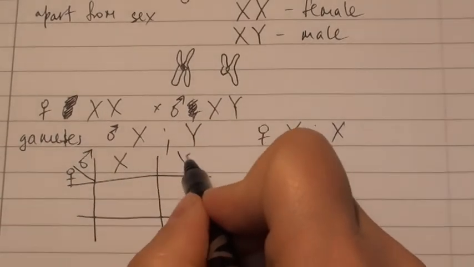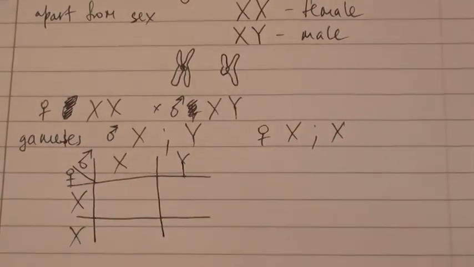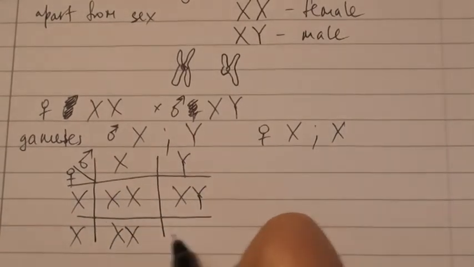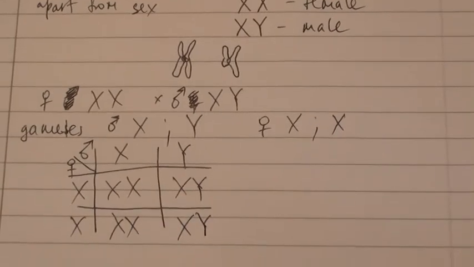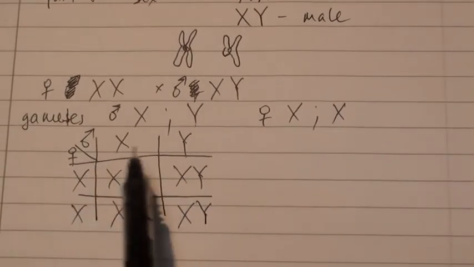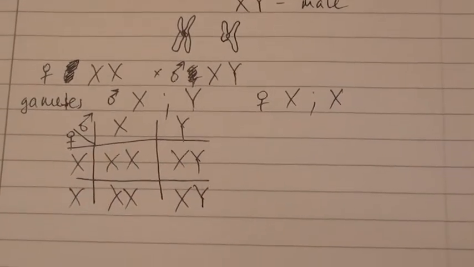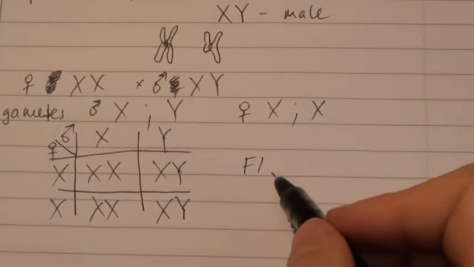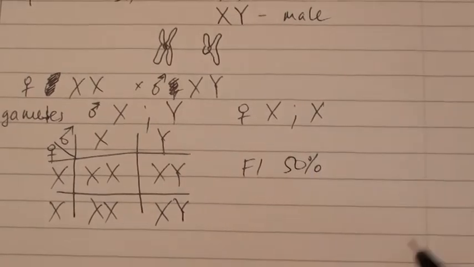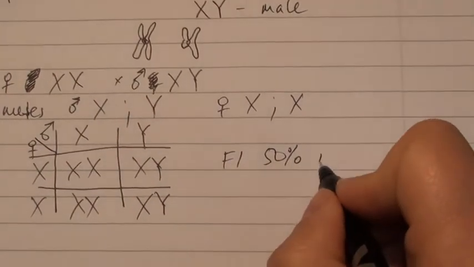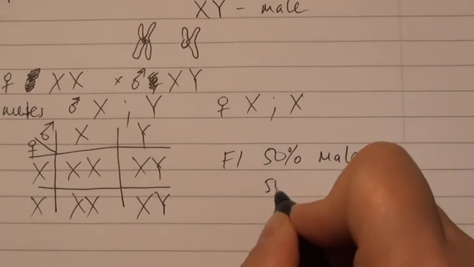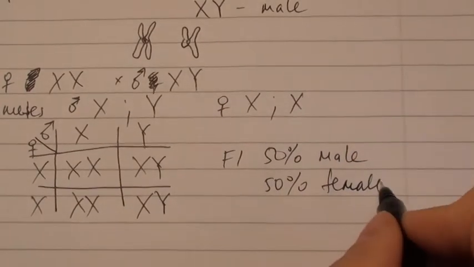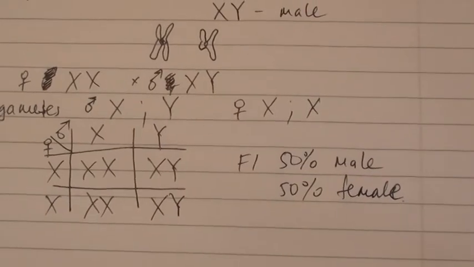So X and Y here, X and X here. So XX, XY, XX, XY. So you can clearly see you've got a 50-50 situation. So in your first generation, if you started with your two parents, 50% of the outcome is going to be male, and another 50% of the outcome is going to be female. Right, so that's what genetics tells us.